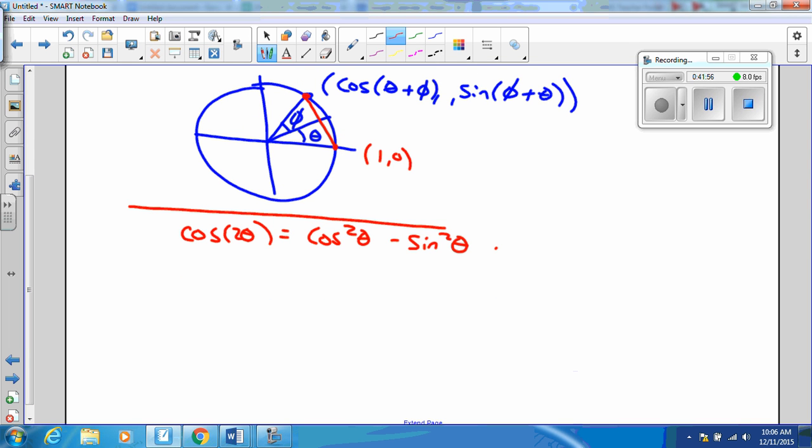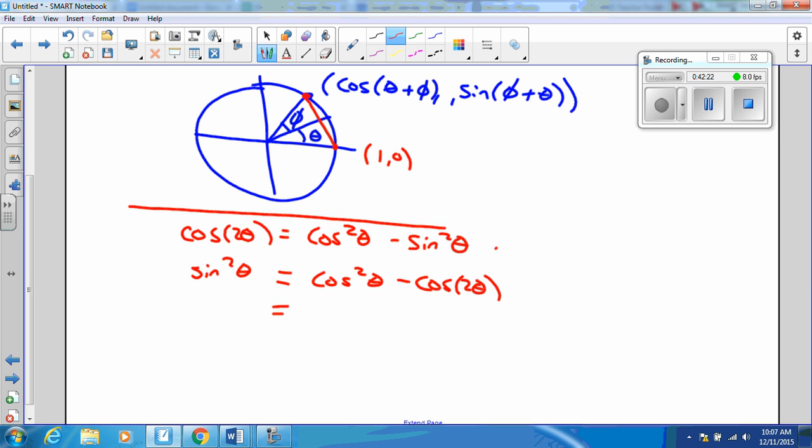Okay, now what? And then you solve for sine squared theta, so you get sine squared theta is equal to cosine squared theta minus cosine 2 theta. Keep going.